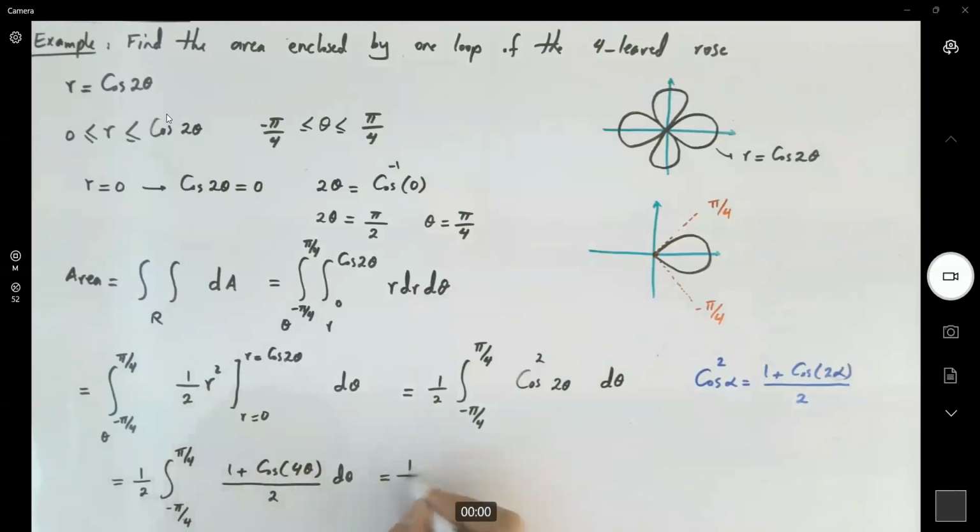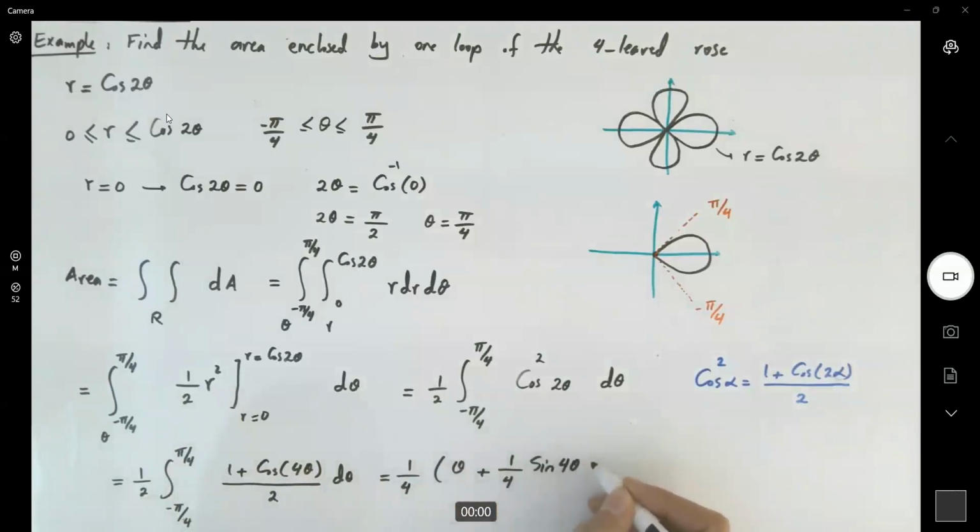So what do you get? You get 1/4, and here you have theta, and here you have plus 1/4 sine of 4 theta, and theta ranges between negative pi over 4 to pi over 4.